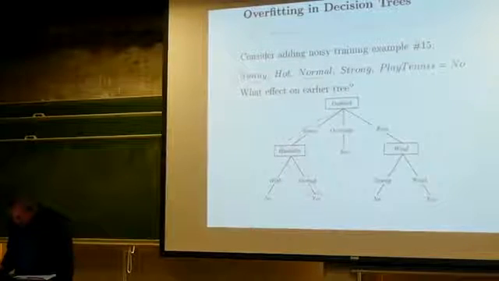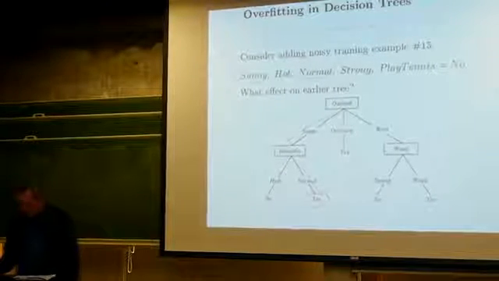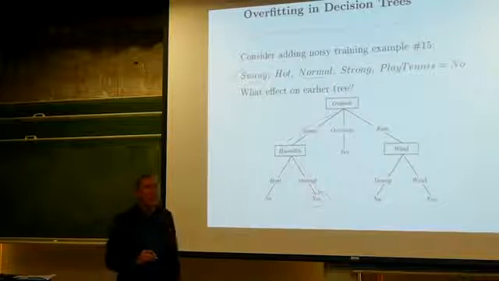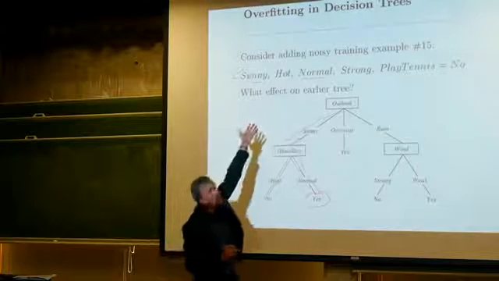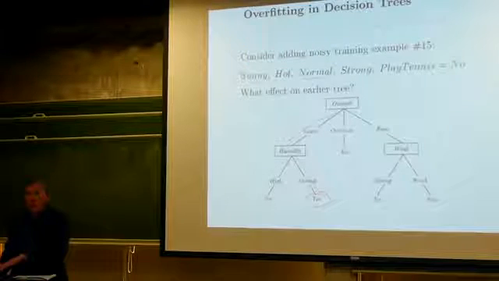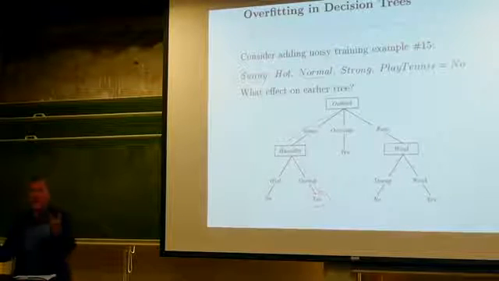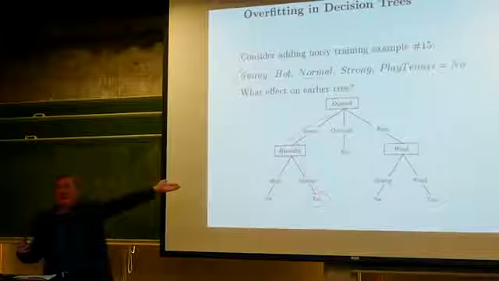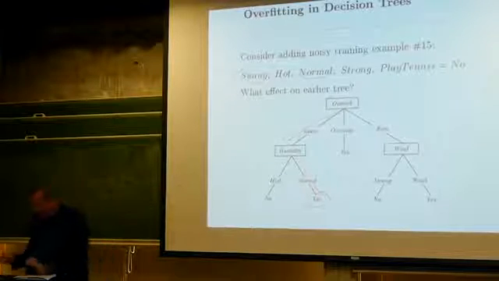So this tree would predict yes instead of no. But if we add this 15th example to our training set, then of course our learner won't output this tree. It'll output some other tree that correctly fits this training example.